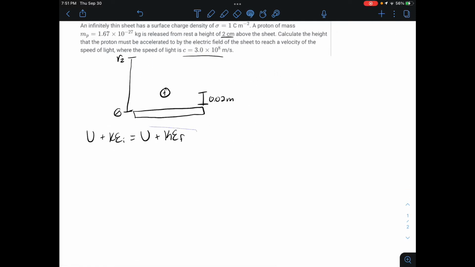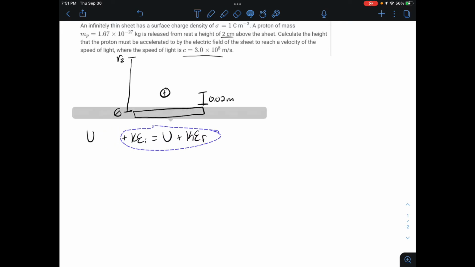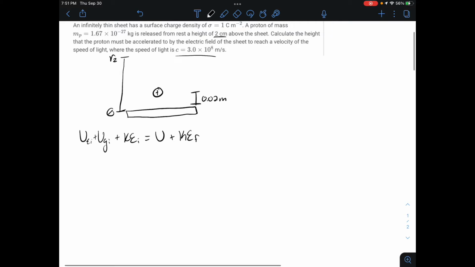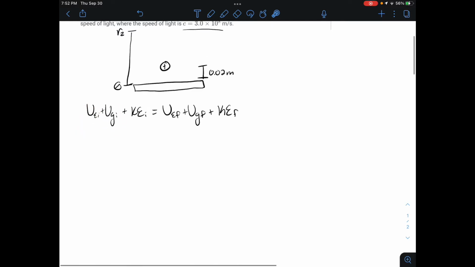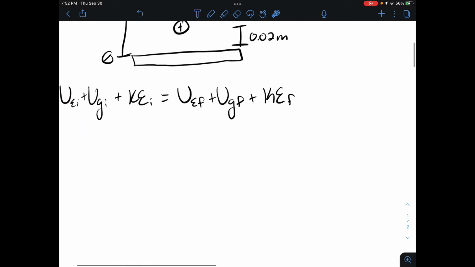So here's our electric initial plus our gravitational initial, and the same thing on this side: our electric final plus our gravitational final. These two together give us our total potential energy, but individually they have different equations, so we're breaking them up.